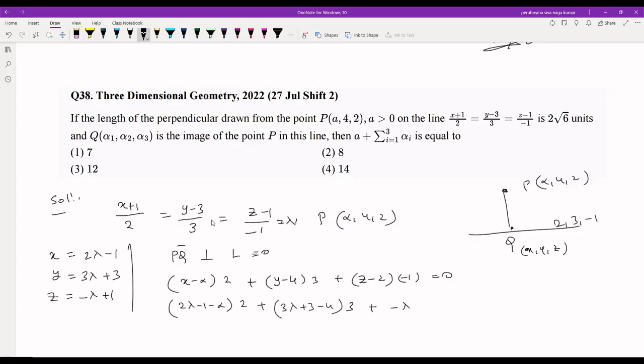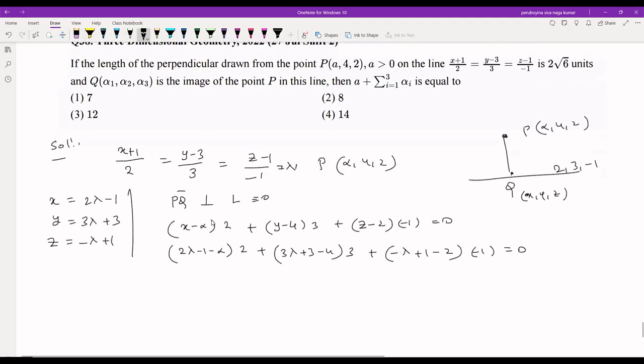What is the z value? (minus lambda plus 1 minus 2) into minus 1 equal to 0. They are perpendicular. The distance also is given; later we will find the distance. First calculate this.